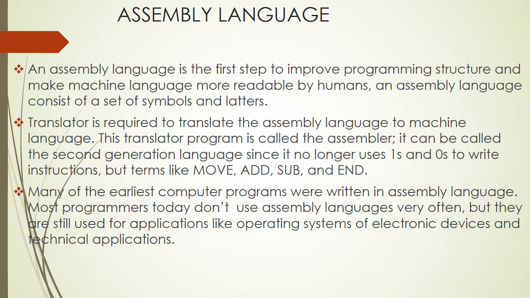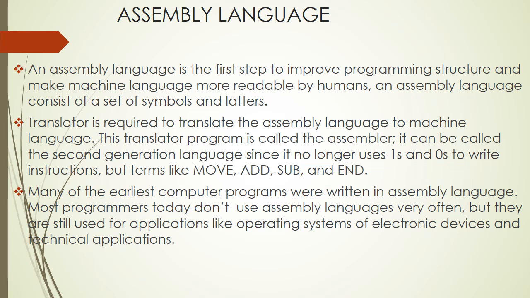So the assembler is represented as a translator program for the low-level language. It can be called a second generation language since it no longer uses 1 and 0s to write instructions, but terms like move, add, sub, and end, and so on.